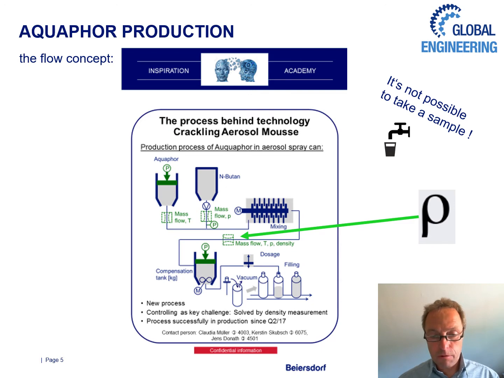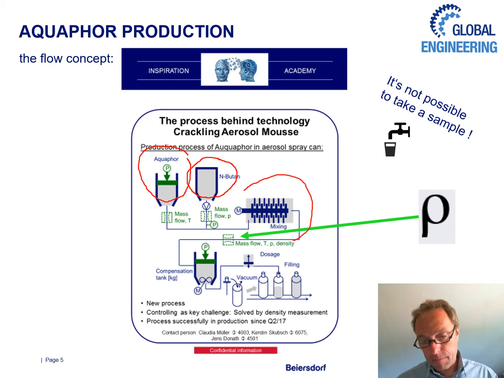We have the cold Aquaphor and the N-butane at roundabout 3 bar. We bring both together in a Hansa mixing cell where we mix them. The mass flow is steered so that we have under control how high the volume or the mass flow is from each product.